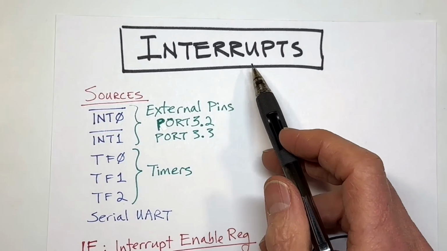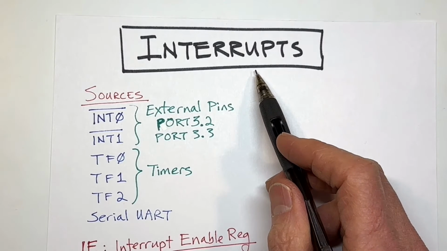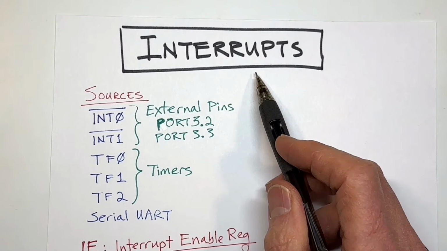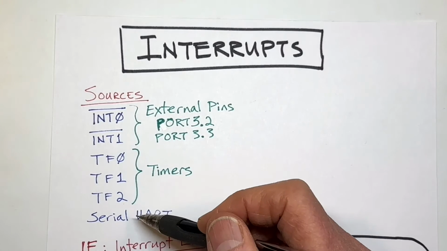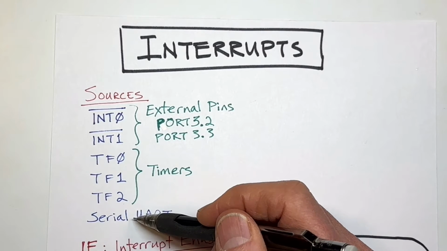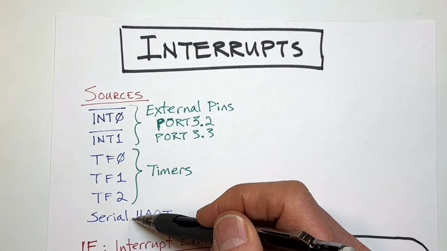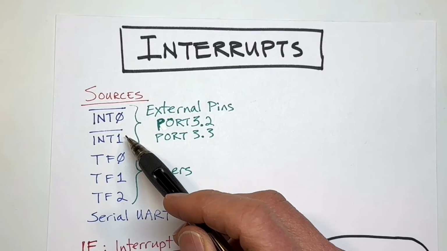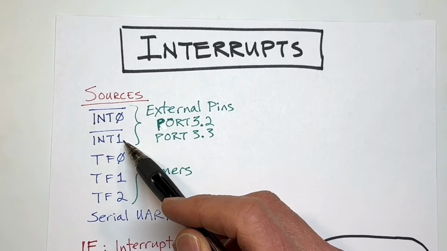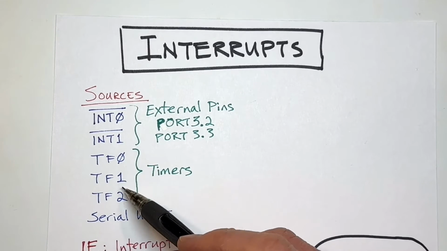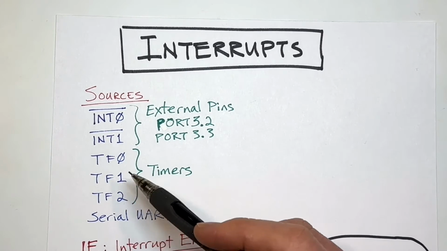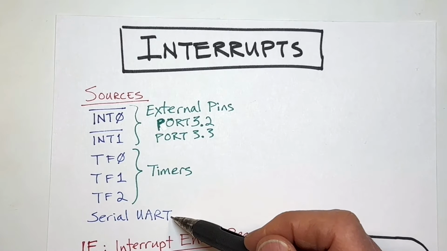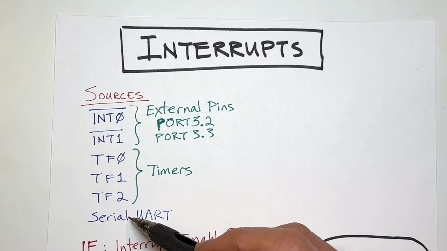Now let's talk about interrupts and how the 8051 architecture deals with interrupts. There are 6 sources of interrupt. At least there are 6 on the version of the 8051 that I'm using. Yours may be different. There are 2 external pins that can cause interrupts, and there are 3 timers that can cause interrupts, and there's the UART interface that can cause an interrupt as well.